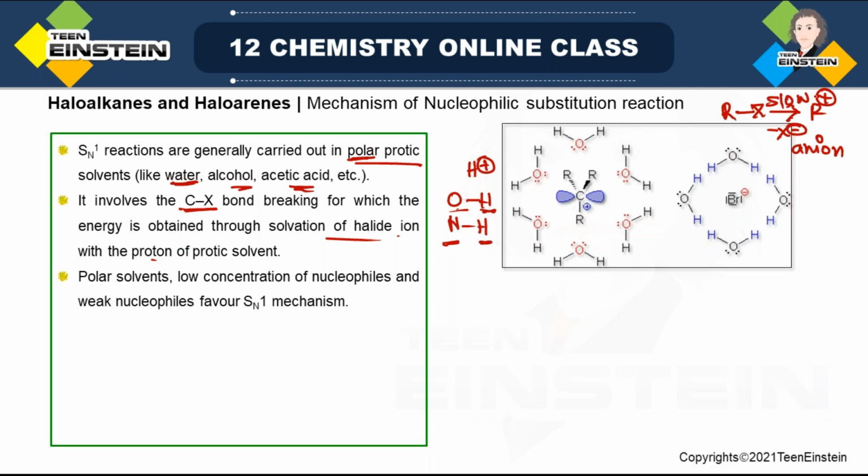So if you are using polar protic solvent, they will stabilize R plus as well as X minus. So this slow step will now be fast. Now how is it doing so? See here, suppose the starting material is R3CX. That means the cation will be R3C plus.